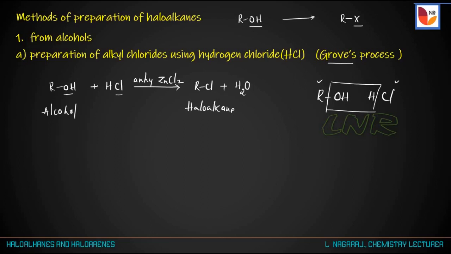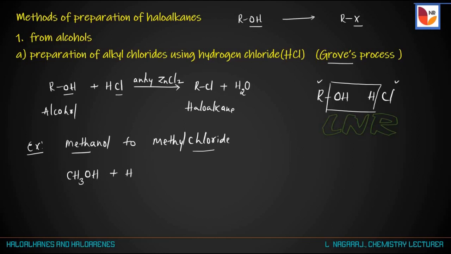Let us take an example, that is conversion of methanol to methyl chloride. We have to convert this methanol to methyl chloride. So methanol is represented as CH3OH, and this methanol is treated with the concentrated hydrochloric acid in the presence of anhydrous ZnCl2, anhydrous zinc chloride.